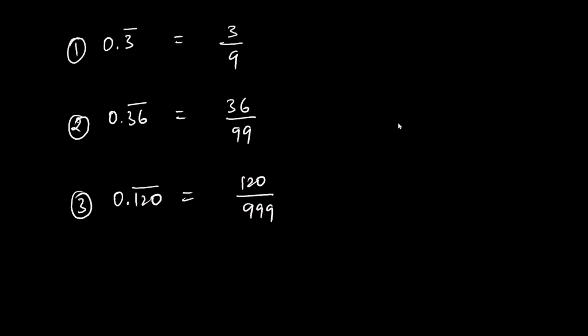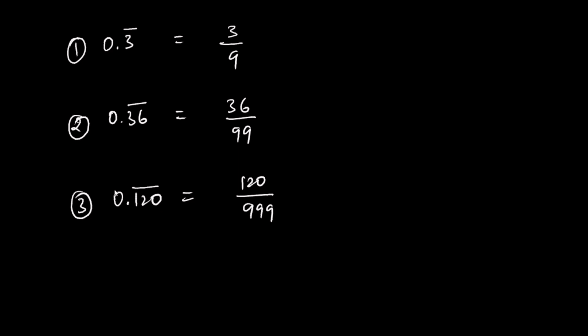As we solved our 3 questions, we have kept these 3 results. Look at these results. Here we have 0.3 where 3 is repeating. Look at its fractional form. Here we have the number without a decimal point, and in the denominator we have as many 9s as repeating digits. Same here in question 2. We write these numbers without the decimal, and in our denominator we write as many 9s as there are repeating digits.